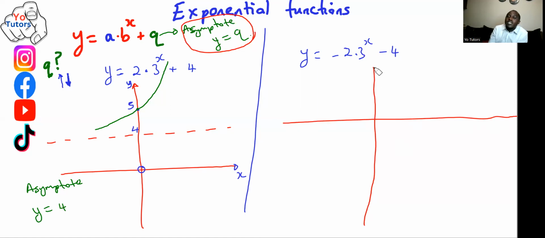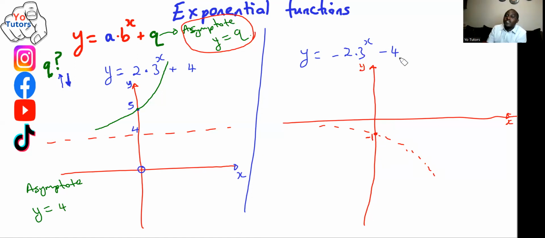Now what we see is that this is our x, this is our y, and because of the negative, it's facing down. So it means our original graph should be on the -1, where it's just supposed to look like this. So here it's a -1.